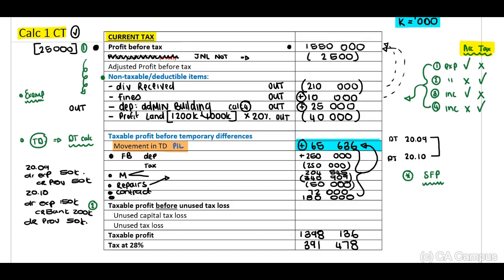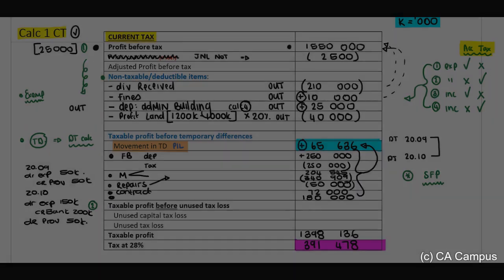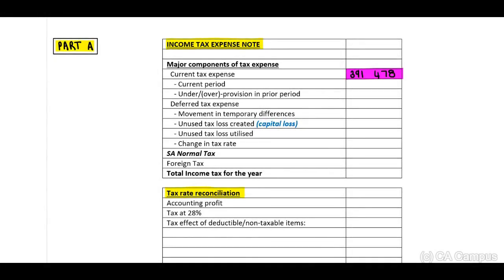And we now need to transfer this to our income tax expense note. Remember to indicate that this is your calculation number 1. There were no under or over provisions, and we now need to include the movement in our temporary difference in terms of our profit or loss calculated in our deferred tax calculation, therefore calculation 2.